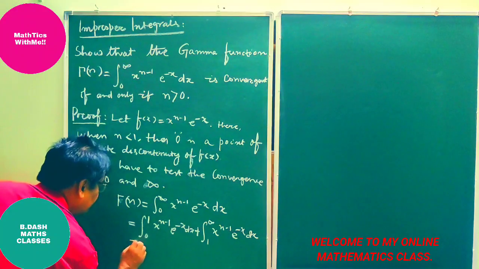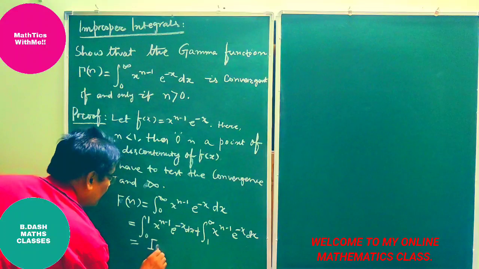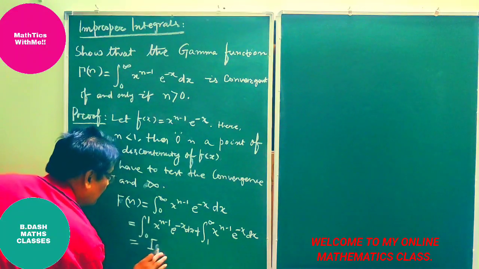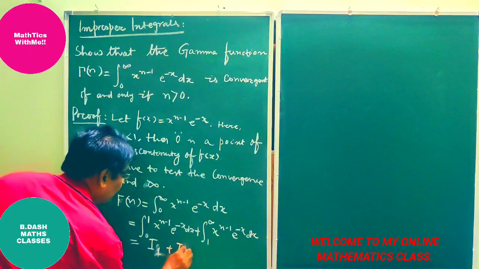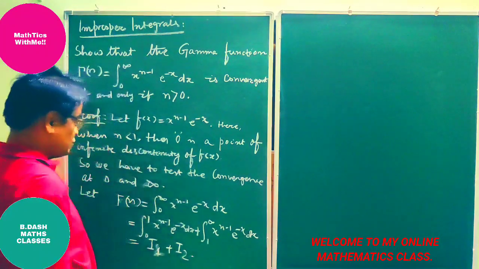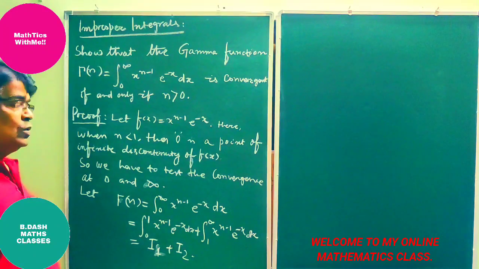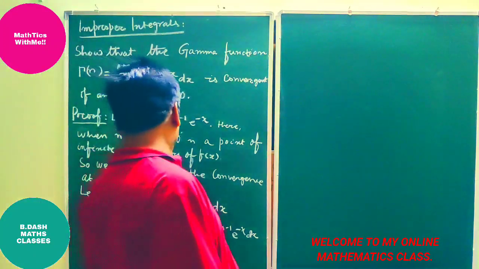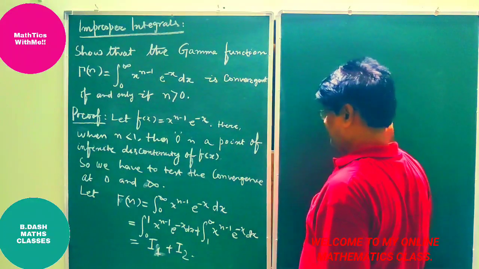So let us call these integrals I1 plus I2. We are taking 1 as the intermediate point between 0 and infinity.